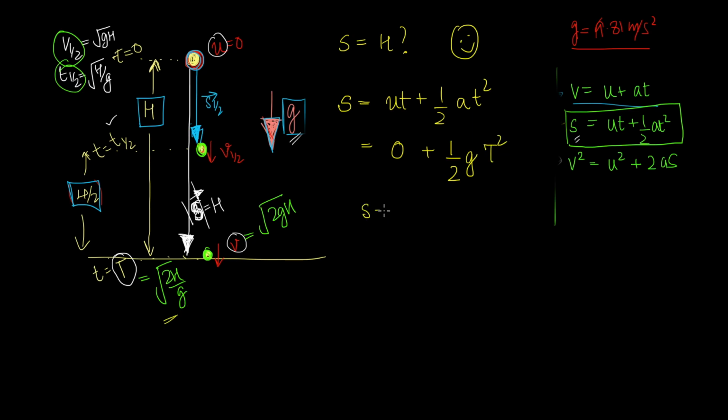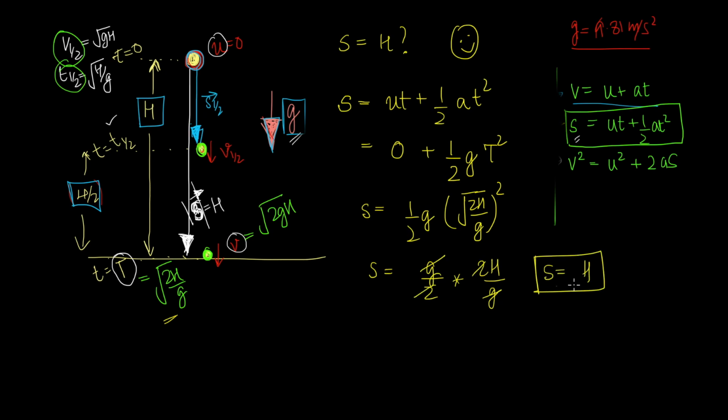So therefore, S would be half of g times the square of root of 2h by g. Now, square of root is basically the number inside. You get g by 2 times 2h by g. Cancel the g's, cancel the 2, and you're left with S equals h. So that's good. Now we know that indeed S was h, or the displacement vector was h in its magnitude.